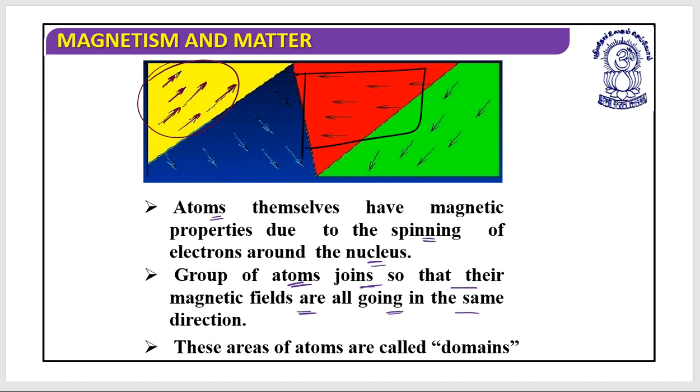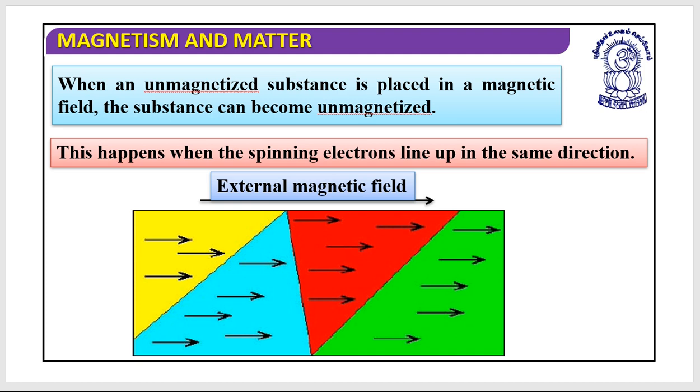The same thing can be seen over here. These areas are called domains, and they have a tendency to move in the same direction. Now the situation is this: when an unmagnetized substance is placed in a magnetic field, the substance can become magnetized, and this happens when spinning electrons line up in the same direction.